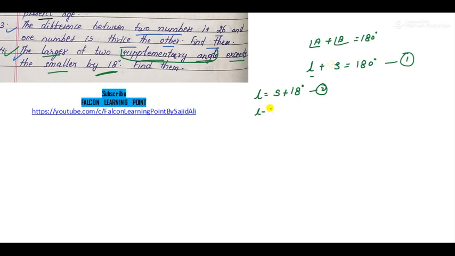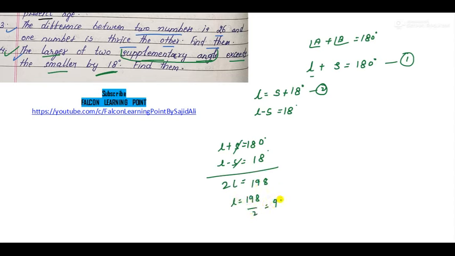So this equation becomes L minus S equals 18, correct? Now solve 1 and 2: L plus S equals 180 and L minus S equals 18. On solving, S is cancelled, and this is 2L equals 198. So therefore L is 198 by 2. So 2 nines are 18, and again 2 nines are 18.